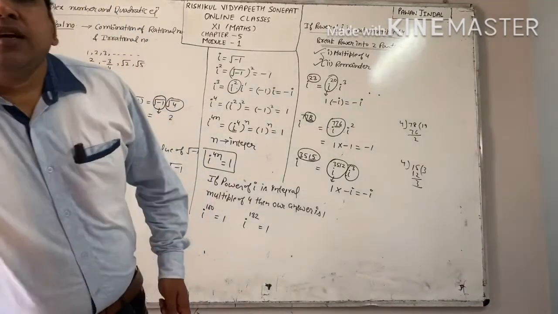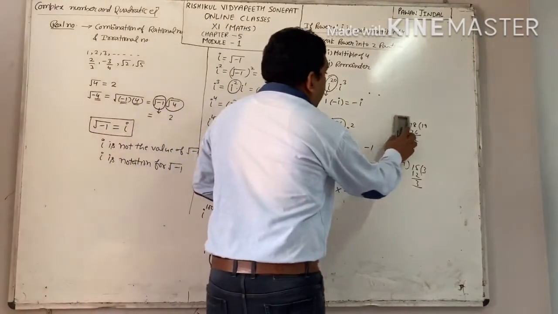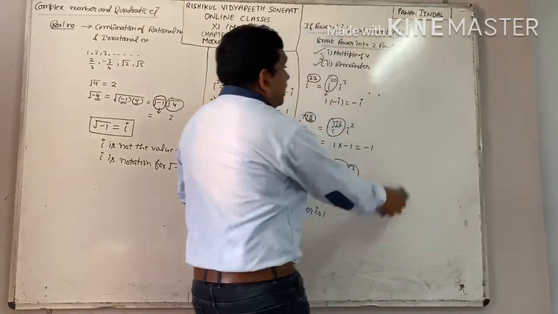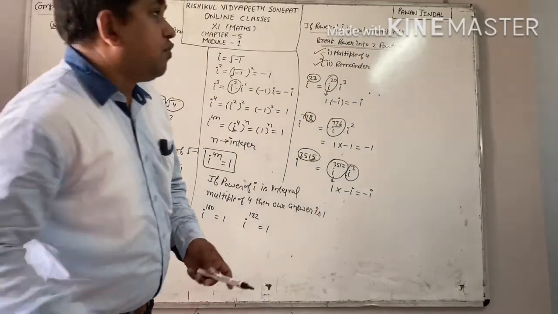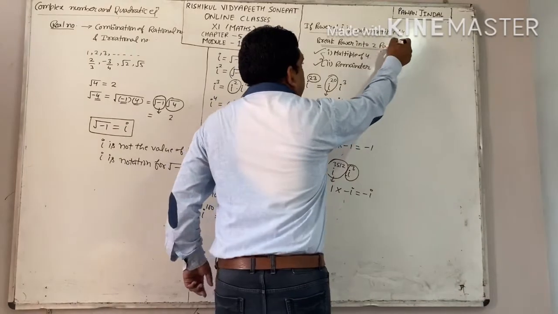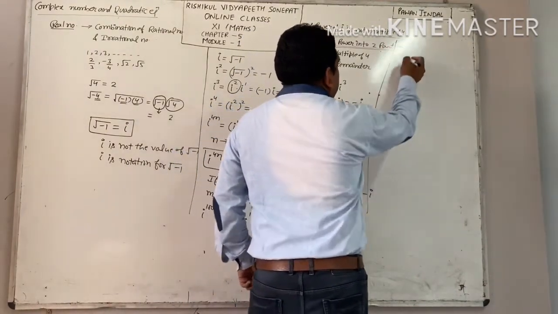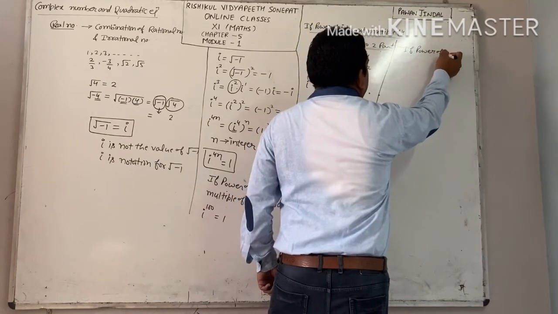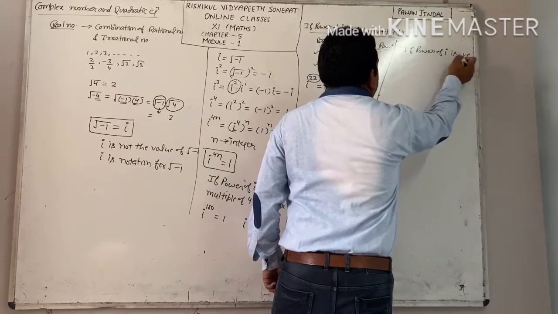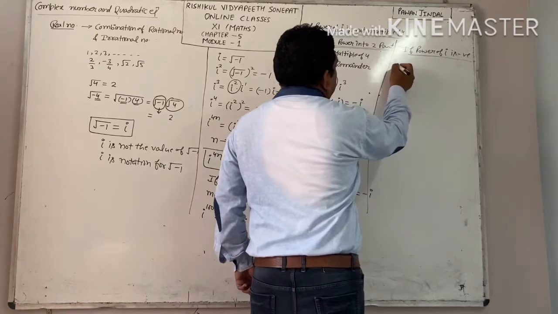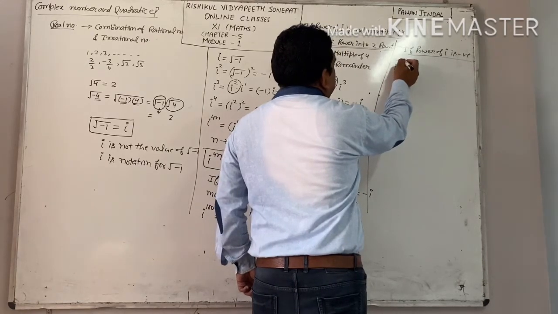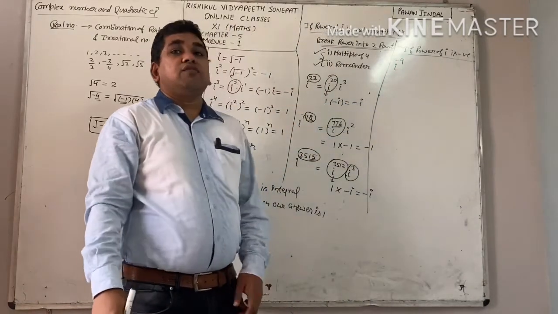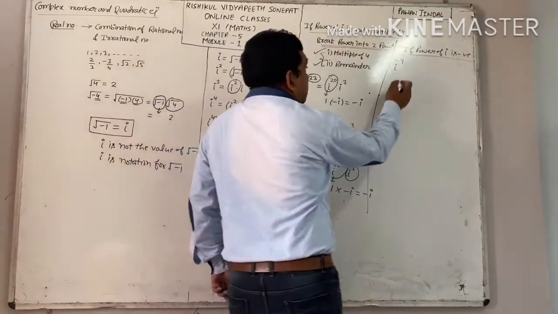Now, one more type: if the power of iota is negative, then how will you find out the value? Suppose I want to find out the value of iota raised to power minus 9. How will you find out the value? Now see here.